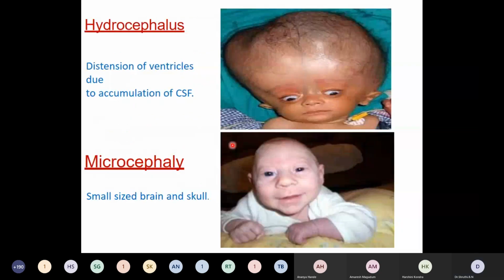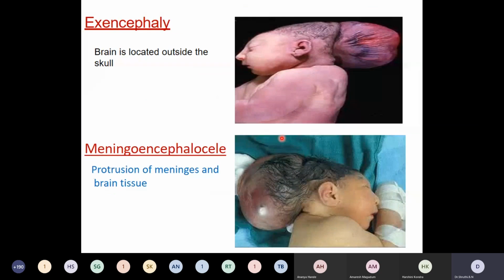Hydrocephalus is the commonest condition we see, where there is distension of the ventricles filled with CSF. Microcephaly is a small-sized brain and skull. Exencephaly is where the brain is located outside the skull because of defective development or fusion of the occipital bones.